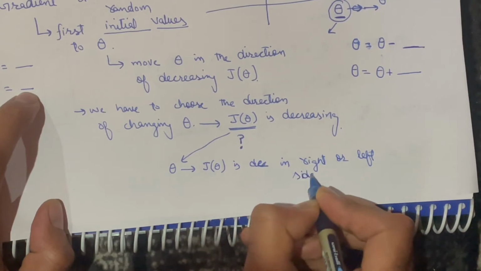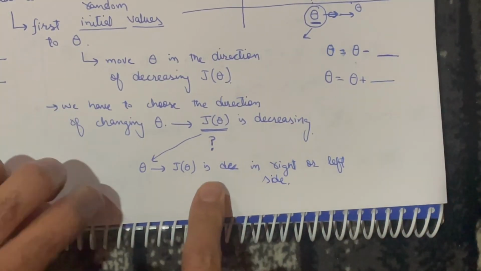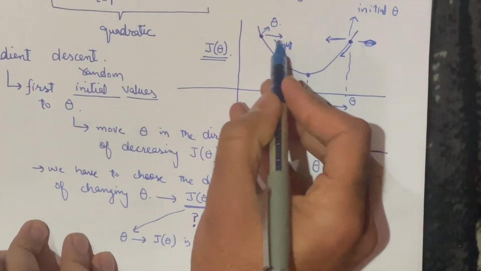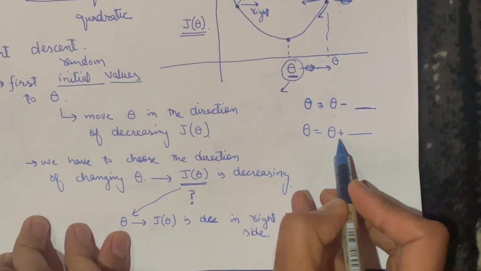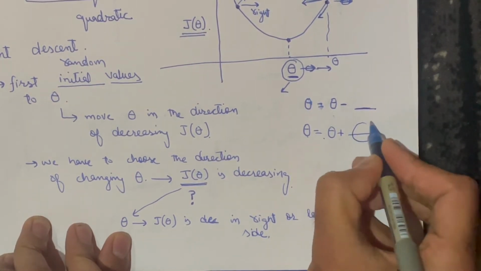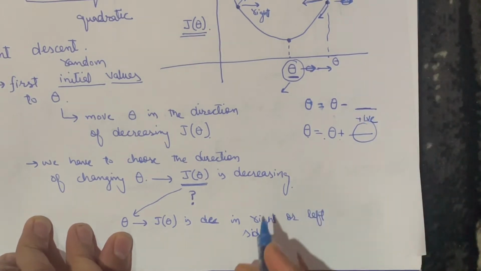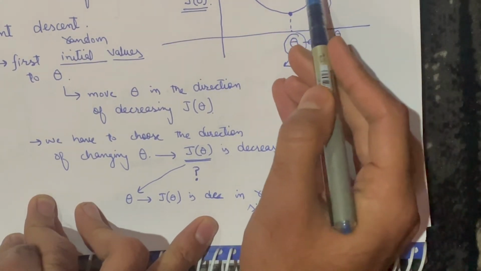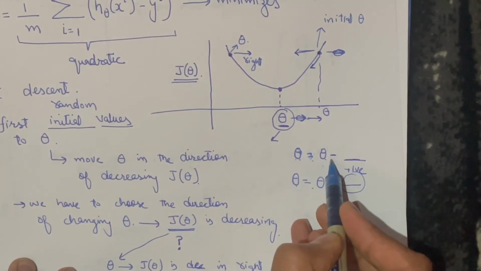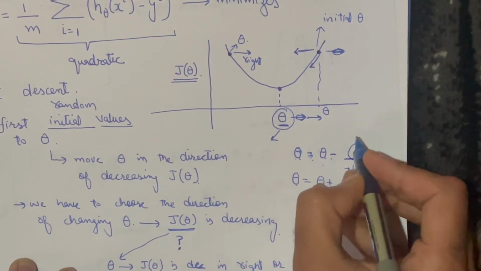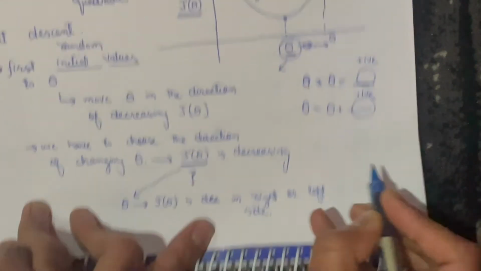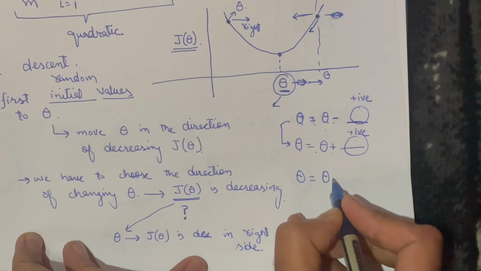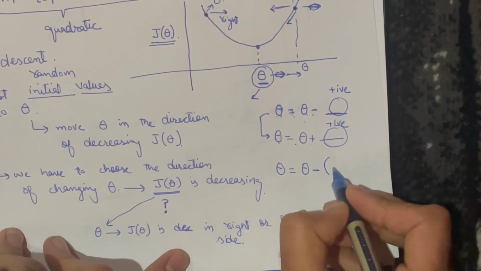If it is decreasing by moving to the right, then I have to do theta equals theta plus some positive quantity. Or if it is decreasing on the left side, then theta equals theta minus some positive quantity. Or I can combine these two together: theta is equal to theta minus some quantity.